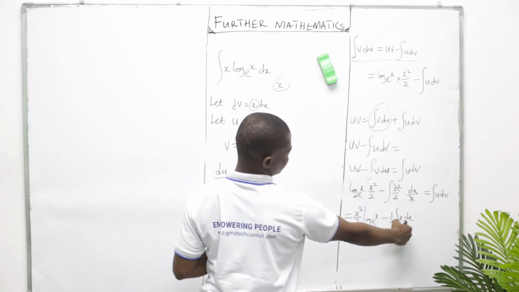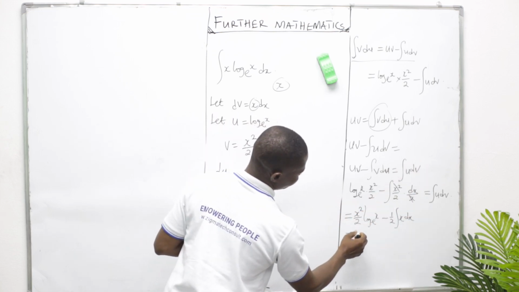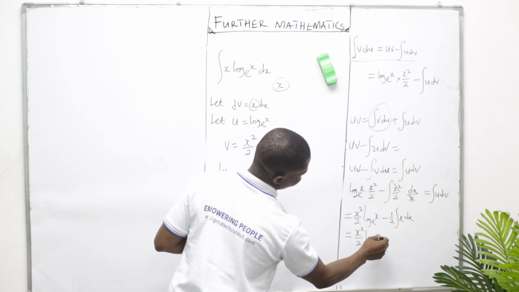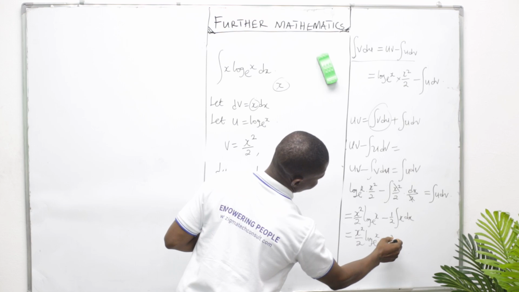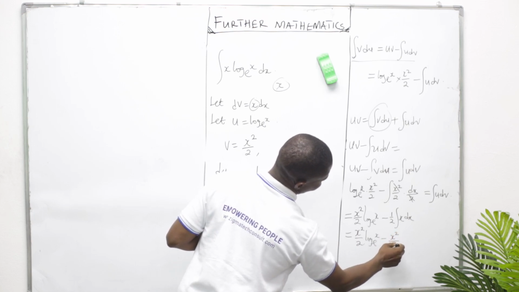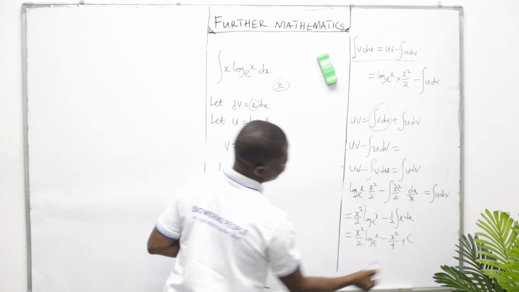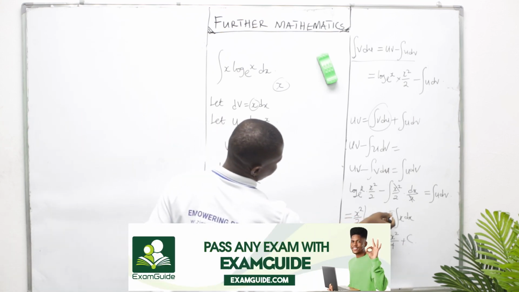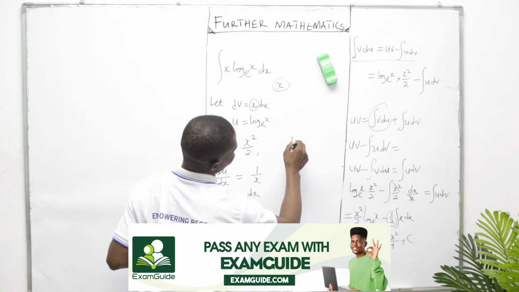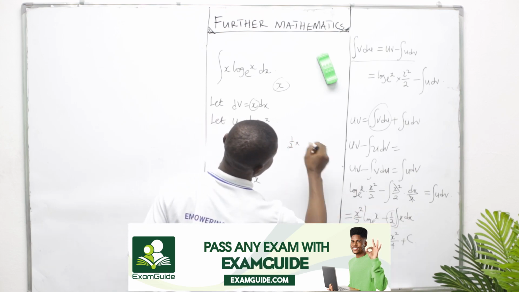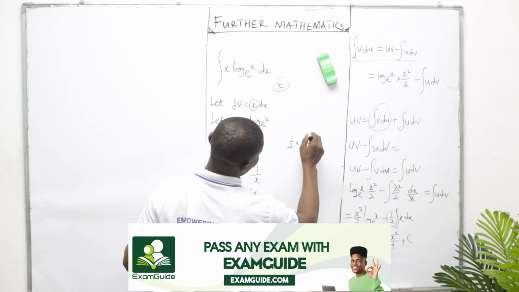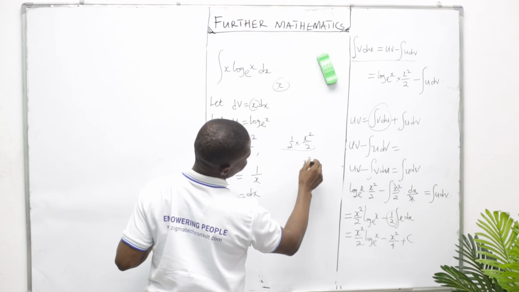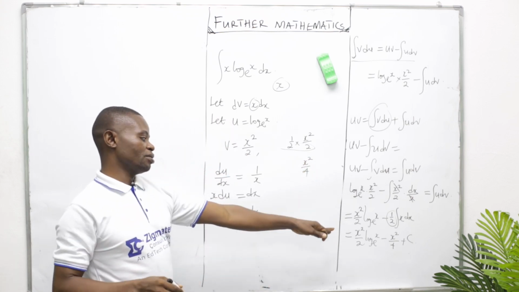Then I can easily integrate x to give us x squared all over 2 log x minus x squared all over 4 plus c. I know you'll be wondering how it came about. This is half. So 1 over 2 multiplied by the integral of x, which is x squared all over 2. When I multiply, I'll have x squared all over 4. So that is the solution.